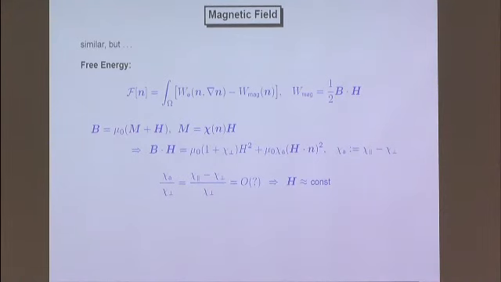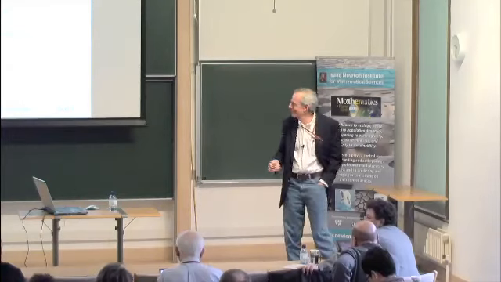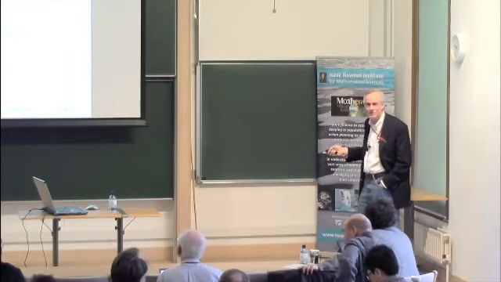But it seems to me if you write down the magnetostatics equation analogous to the electrostatics equation, the relevant ratio should be chi A over chi perp, because that's the coupling between the Laplacian term and the perturbative term. So I don't know. I would appreciate it if one of the physicists would explain this to me at the coffee break. I'm a little bit confused about this issue myself.